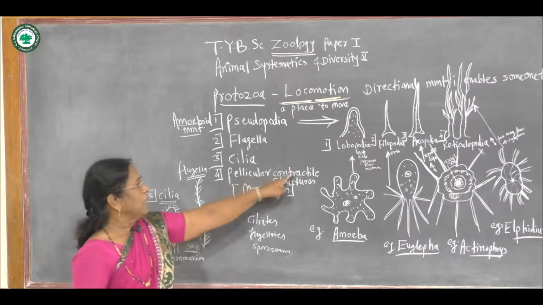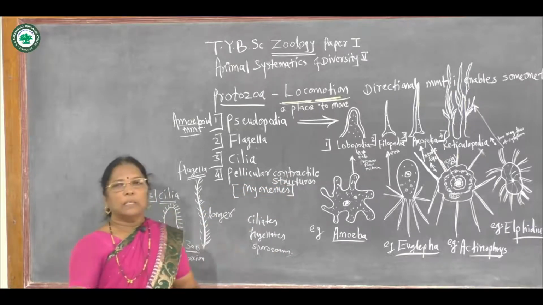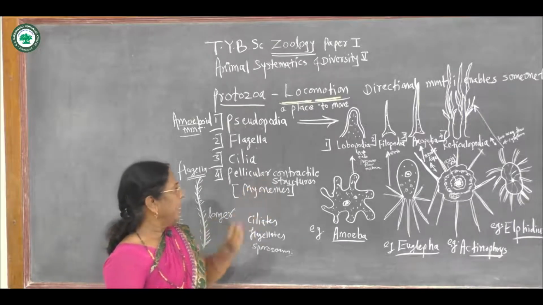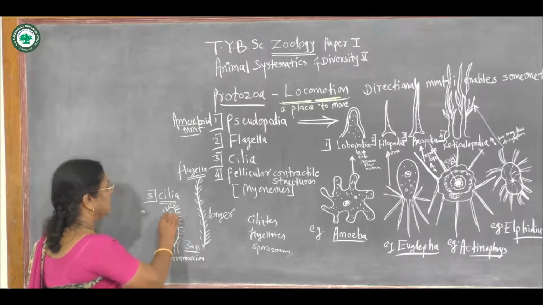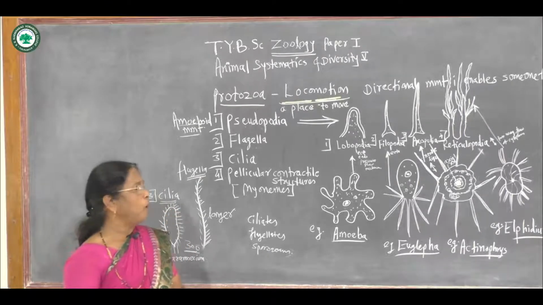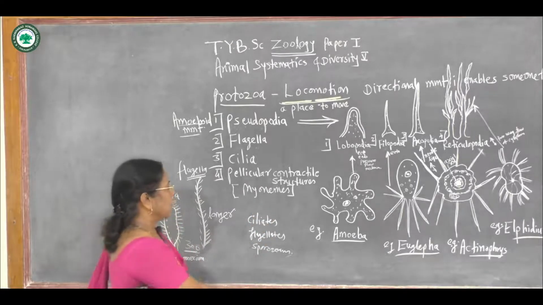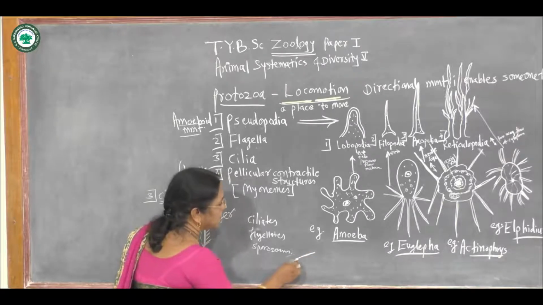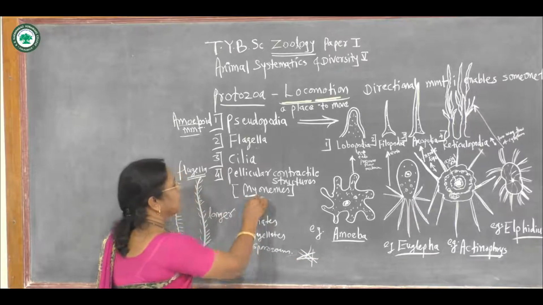These pellicular contractile structures or myonemes are present inside the ectoplasm. They are in the form of large branches. Sometimes there is a single branch, sometimes there may be a network of branches in the myonemes.